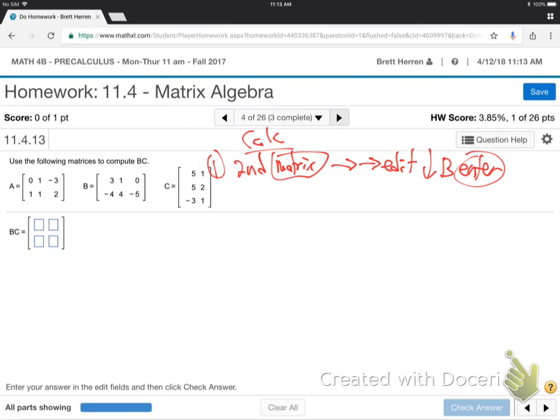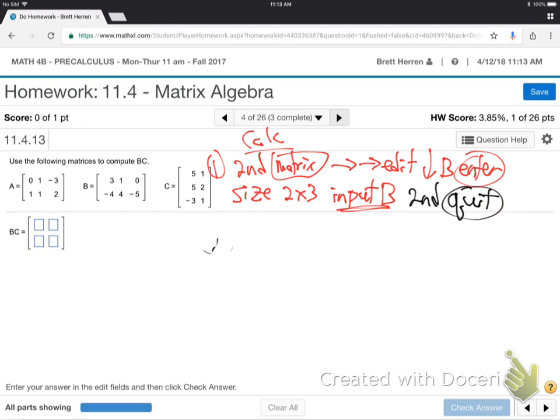So over twice to edit, down to B, enter, and now I'm going to enter matrix B. So the size is 2 by 3, and then I'll just say input B. And then when you're done, go second, quit. Remember, you always have to quit, which is right above the mode key, right at the top. Whenever you enter stuff, you have to quit afterwards. You have to quit out of the edit menu.